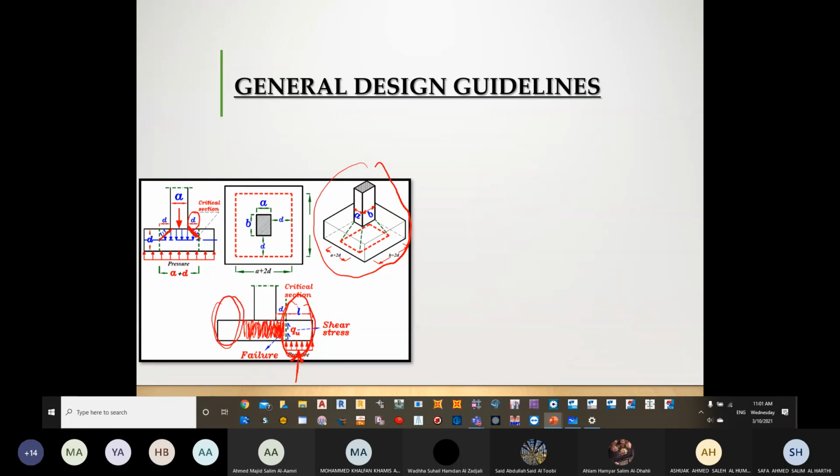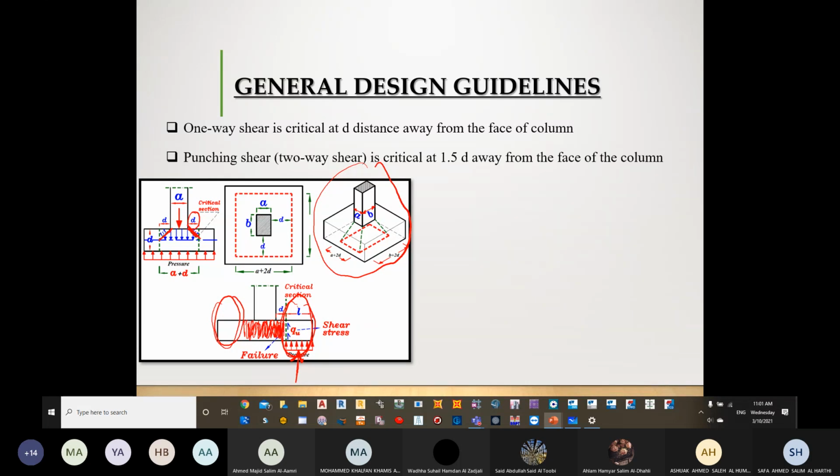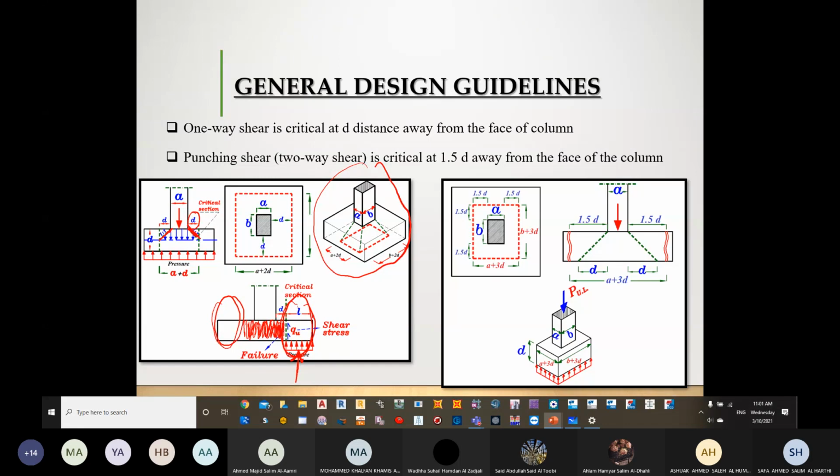That's in case of one-way shear, which is at a distance of D. And then we have punching shear, which is at a distance of 1.5D. The triangle here is appearing larger. Why have we taken 1.5D? Because there is the effect of two directions, not only one direction.